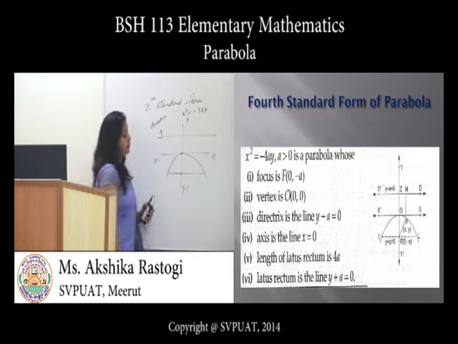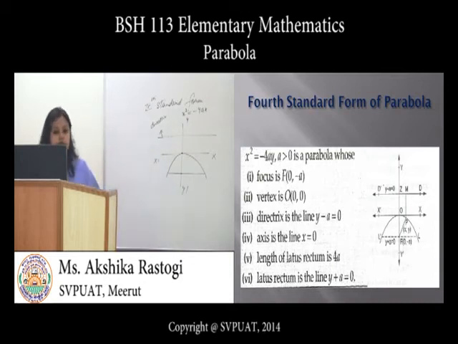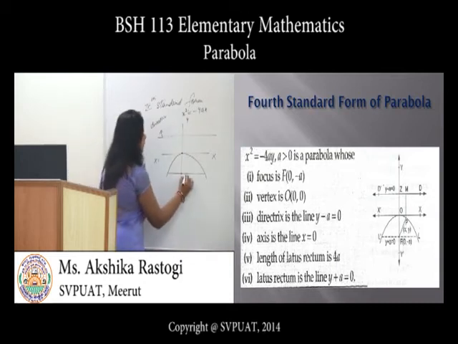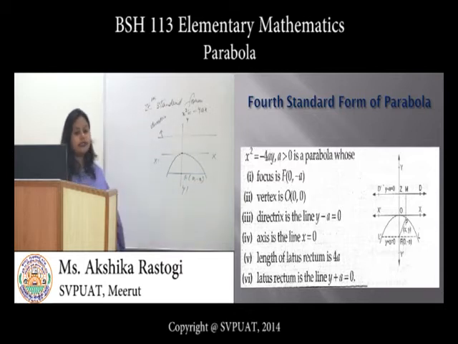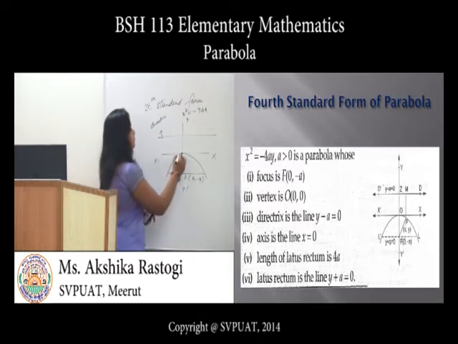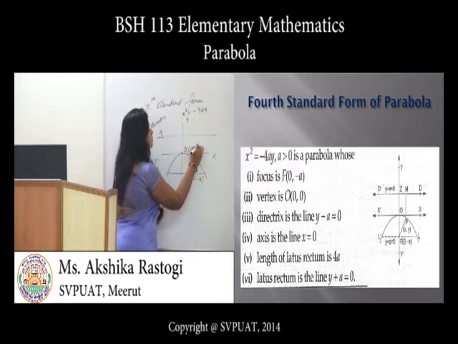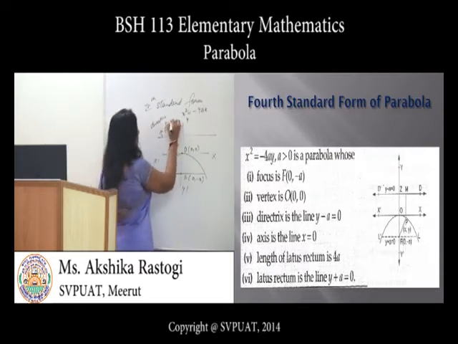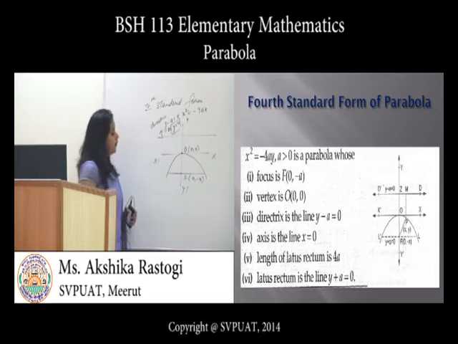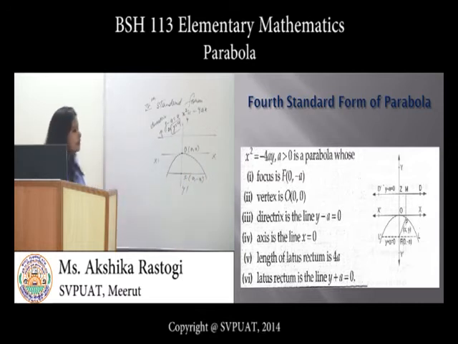This is the directrix. Now the focus will be F, this will be 0, minus a, because it's in the opposite direction. The vertex will remain the same, passing through the origin, 0, 0. The directrix is the line y minus a equals to 0, or we can write it as y equals to a.